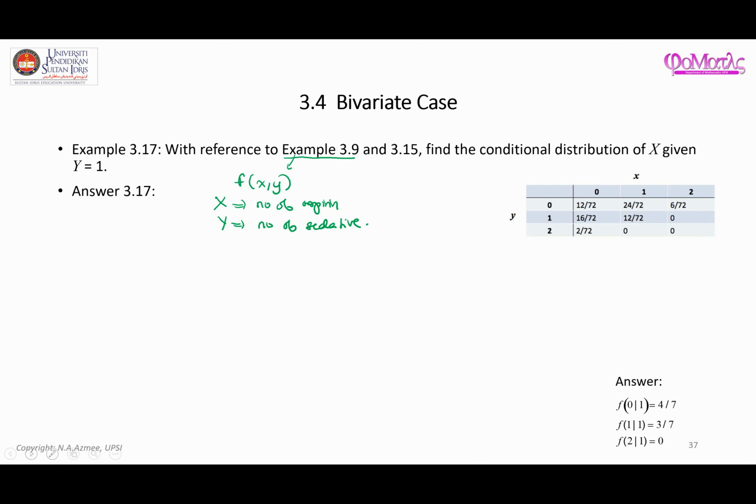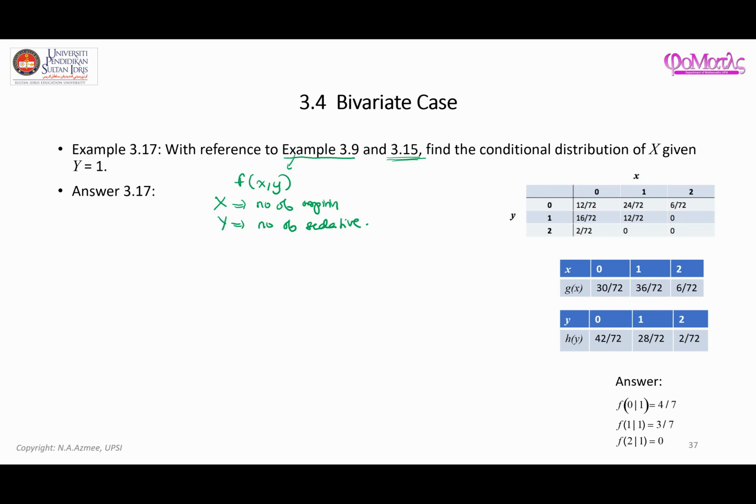Then in example 3.15, we looked at how you can find the marginal distribution for x and the marginal distribution for y. This one is in example 3.15 and this is in example 3.9.